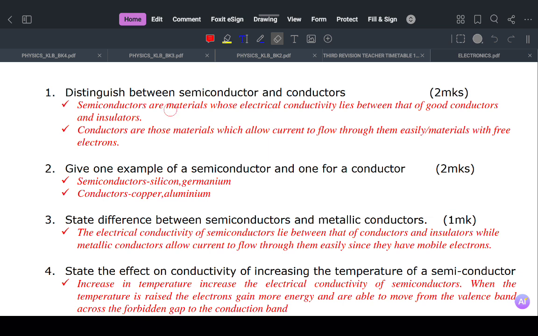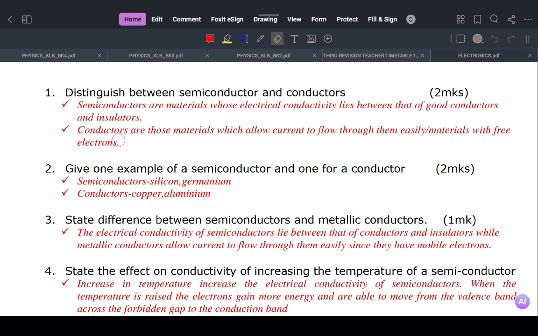There are times when you will be required to give the difference between the two. So I'm saying you can use definitions to give you the difference between the two. On the other hand, conductors are those materials which allow current to flow through them easily, using free electrons.